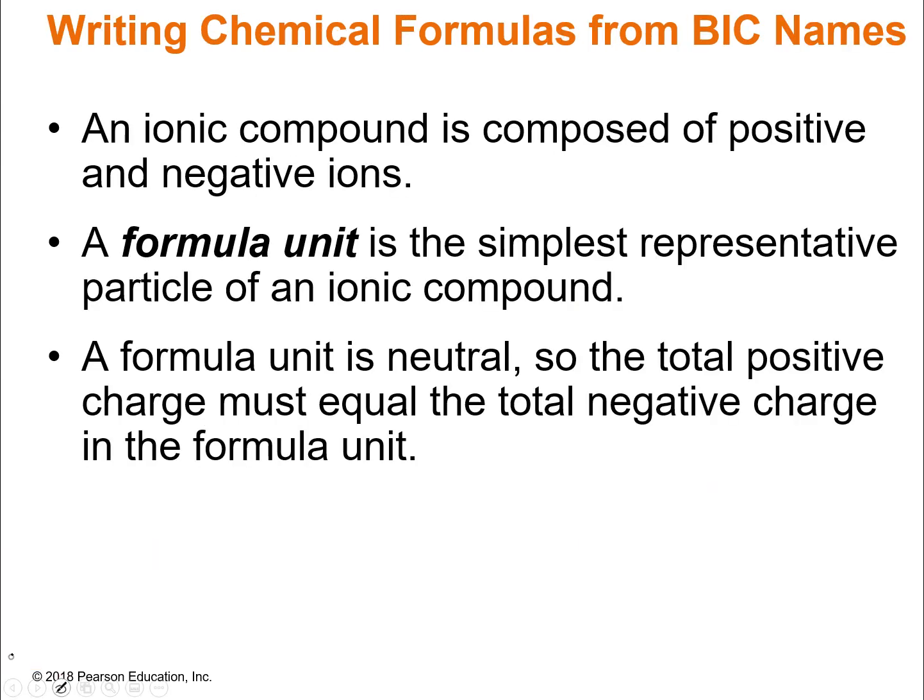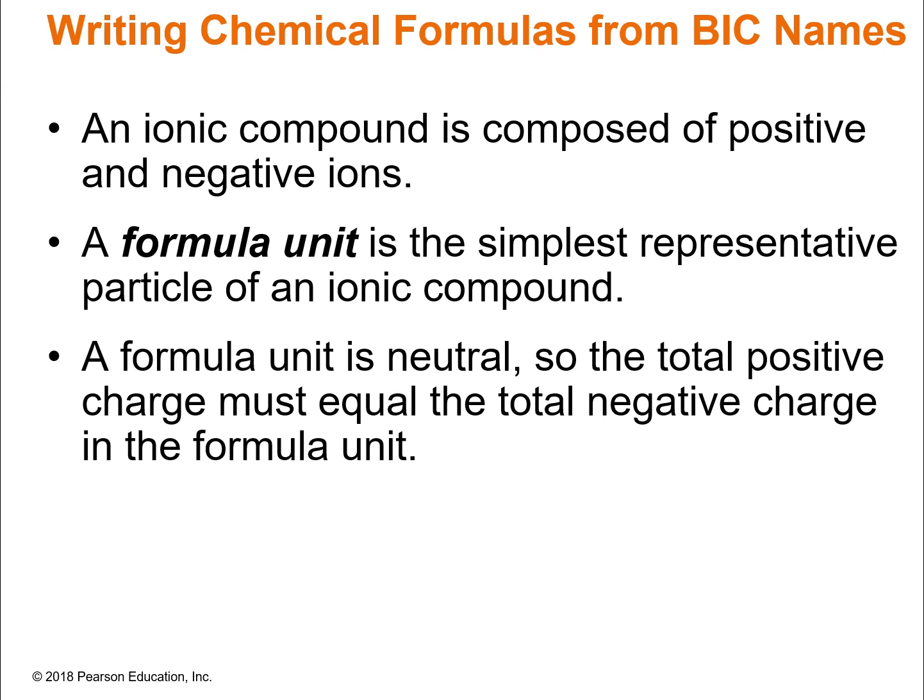So we've taken the chemical formulas of binary ionic compounds and written the names. Now we're going to go in the reverse. We're going to take the name and write the chemical formula. Again, remember, we're looking at an ionic compound which has a positive ion and a negative ion.